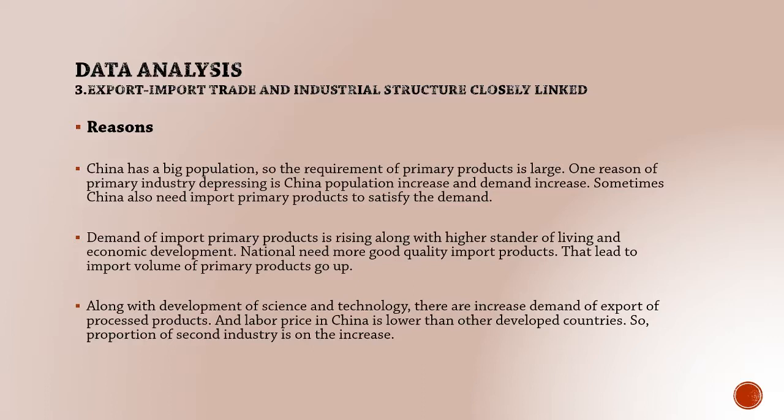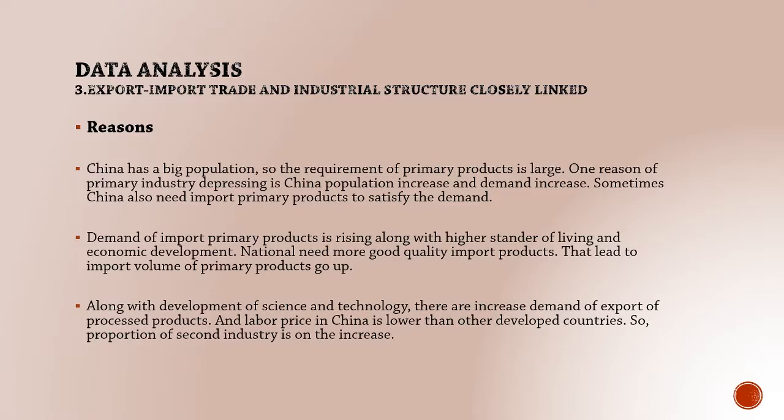The second reason is the demand of imported primary products is rising along with higher standard of living and economic development. The nation needs more good quality imported products that lead to import volume of primary products going up, along with development of science and technologies.